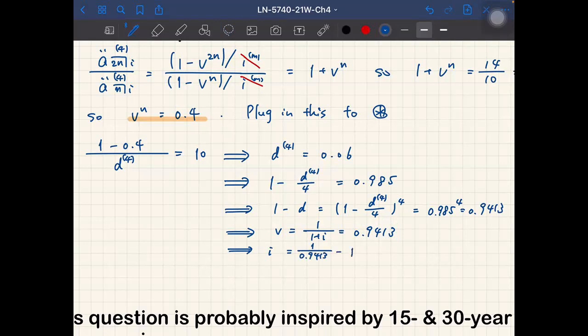We can just do some algebra: we multiply 1 plus i on both sides, divide by 0.9413, then move the constant term 1. Then i is equal to 0.0623, or 6.23%. So this is the answer for i.